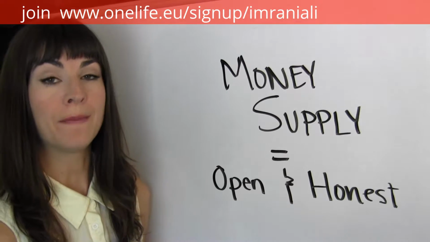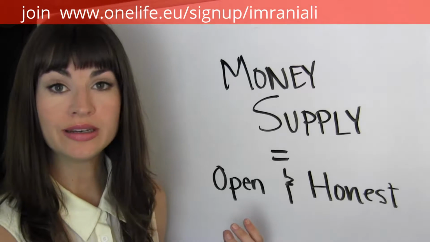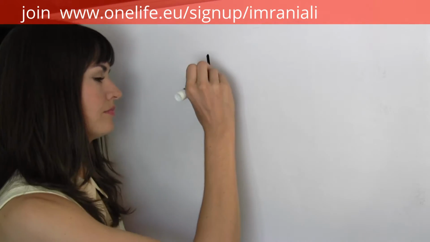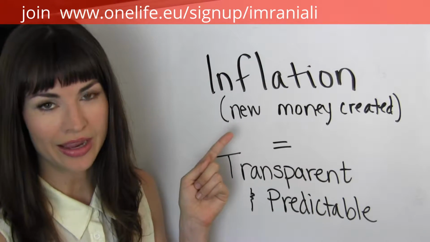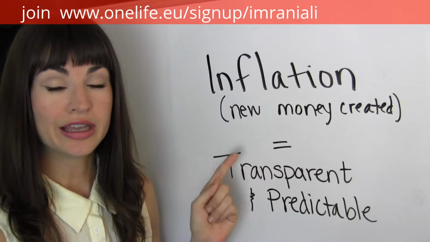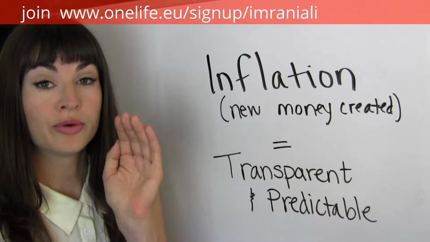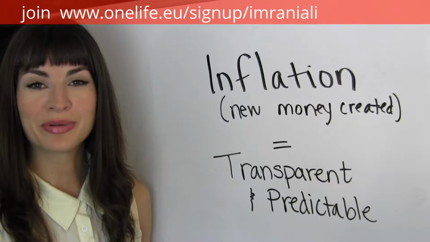In this way, our money supply, as recorded on the blockchain, can be considered open and honest. In other words, it's viewable to anybody. This also means that inflation, aka the new money created, is both transparent and predictable. Though currencies like Dash will not be inflated forever. But that's a topic for another day.